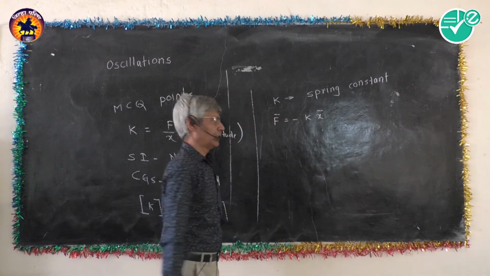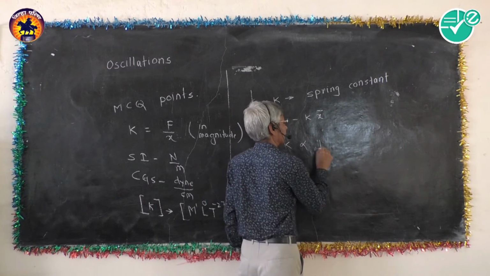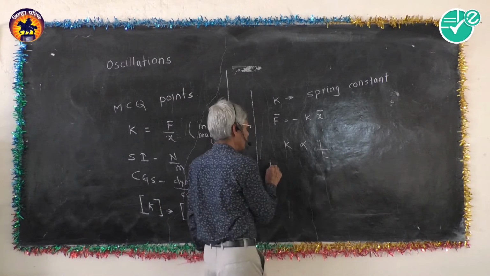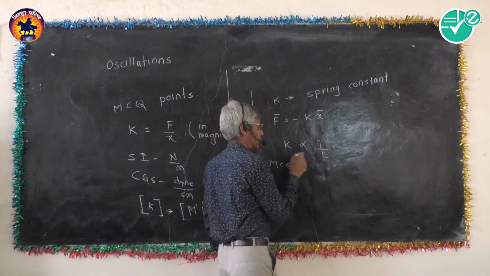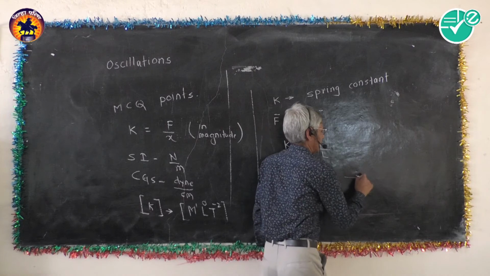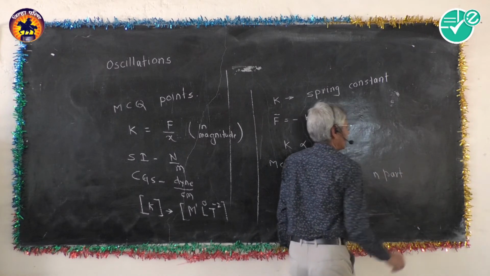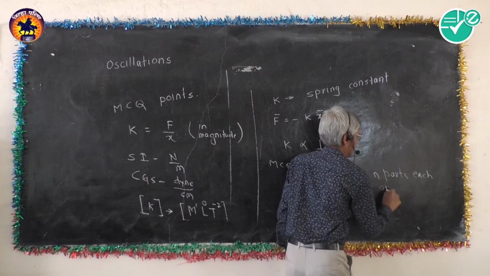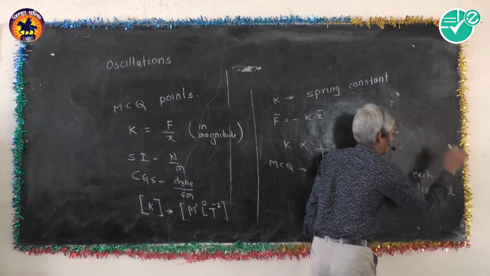Then this spring constant is also inversely proportional to the length of the spring. And the MCQ can be asked on this part like that. Suppose that the spring of length L is divided into n parts, each of length small l.